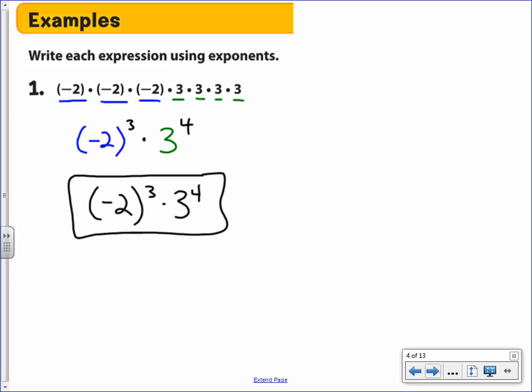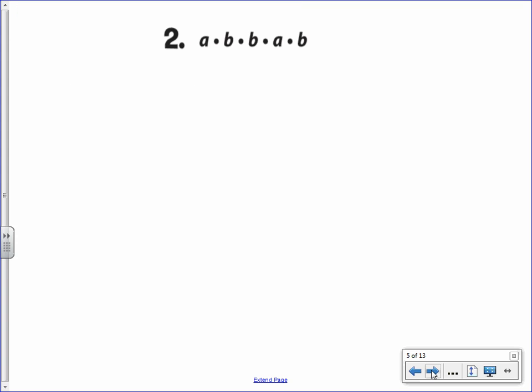It doesn't say evaluate it. That is my answer. Next one, A times B times B times A times B. Again, I see I have 2 bases here. I have a base of A and I have a base of B. The first one is A because that comes alphabetically first, and I see that I have two of them repeated. Then I see that I have a B, which comes after A, and I have three of those.